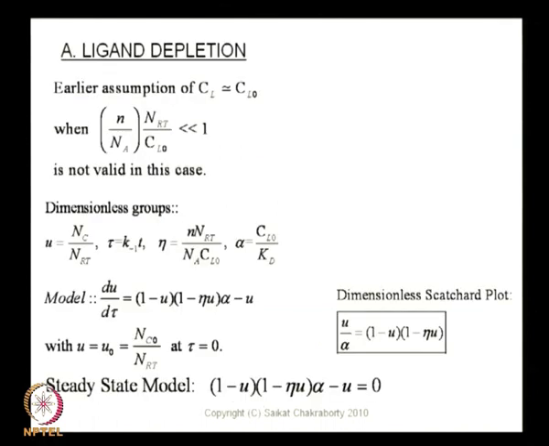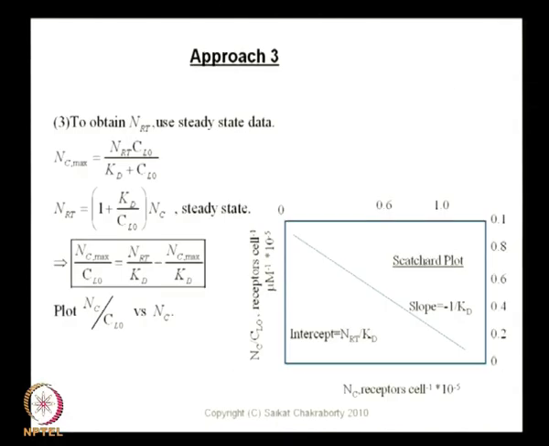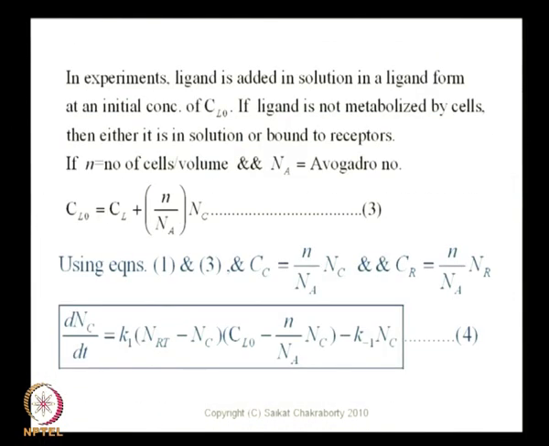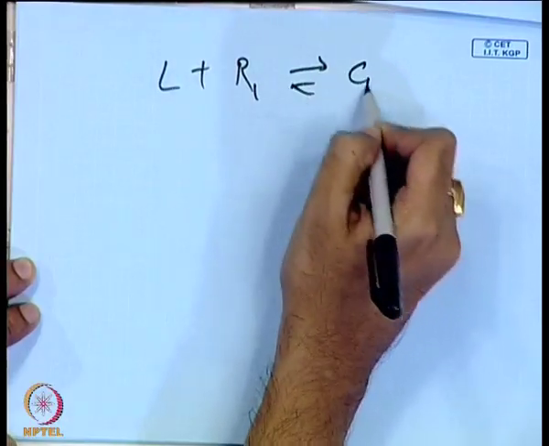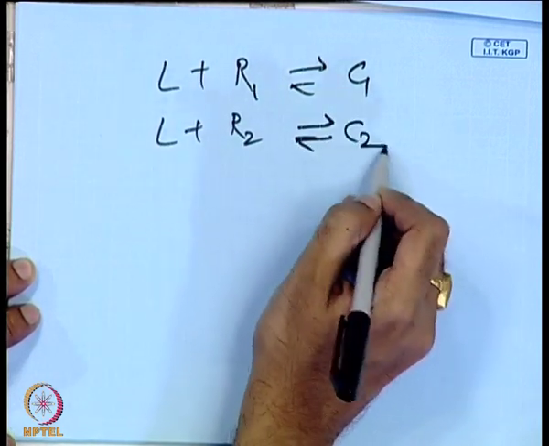So, let us go back to the old model, and then you can tell me how you are going to model it. This was the old model I had, right. Now, I tell you very clearly that the receptors do not interfere with each other. So, what will happen? You will have these 2 sets of reactions, L plus R1 giving C1 and L plus R2 giving C2, right.